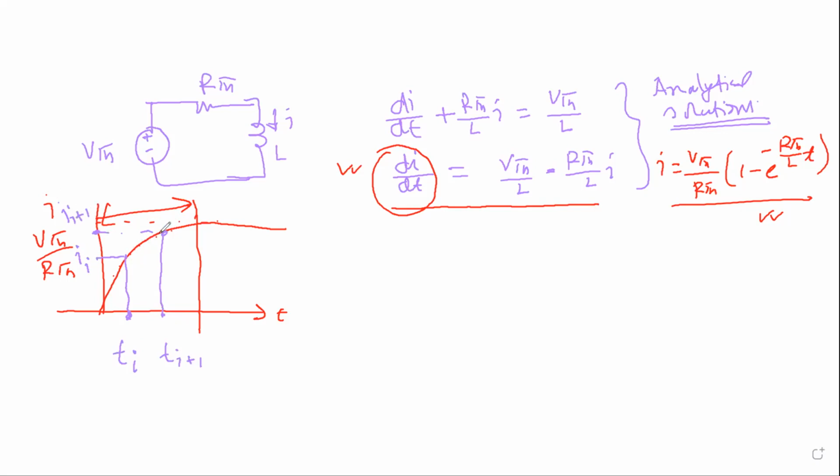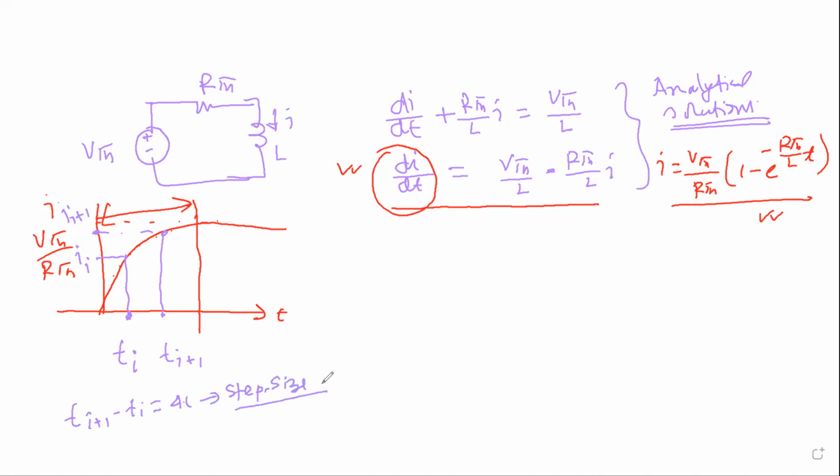Although this portion is actually a curve, if this distance, Ti plus 1 minus Ti, we call it del T, and in numerical jargon we call it the step size.